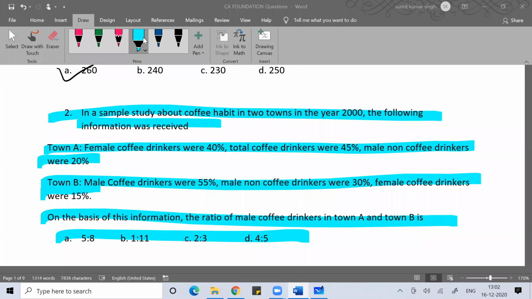Anyone got the answer for this problem? Chiranjeevi, try again. C is not the answer.